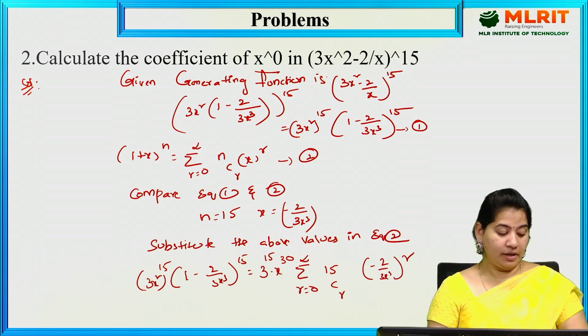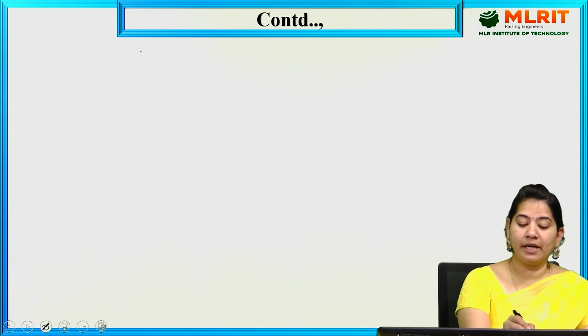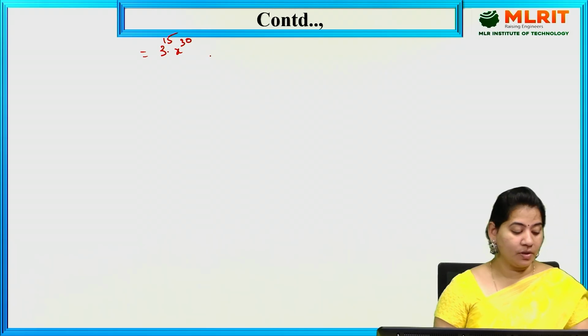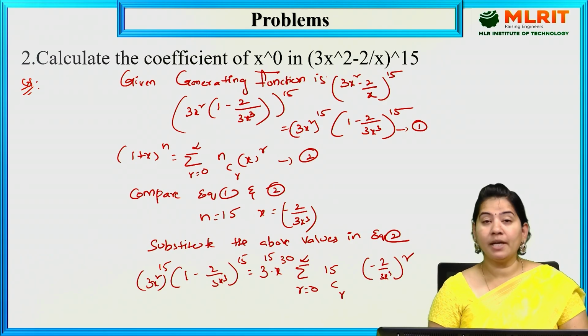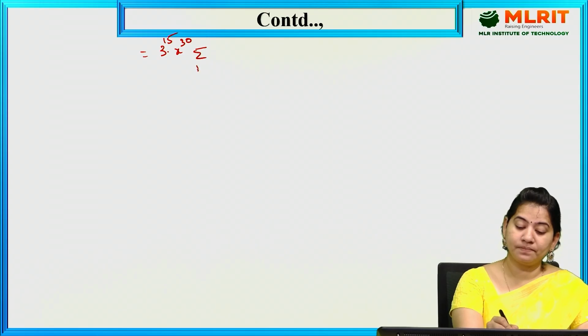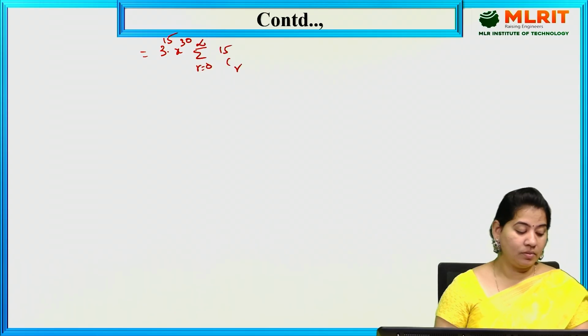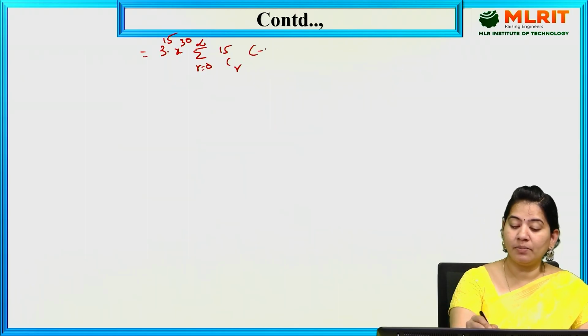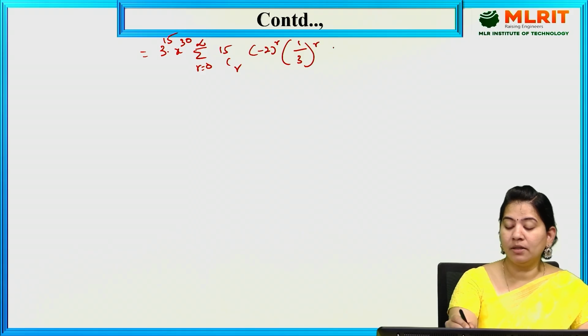Now if you simplify this again, what you will get is 3 power 15 into x power 30 into sigma r equal to 0 to infinity 15Cr, minus 2 by 3 x cube, which is nothing but minus 2 power r into 1 by 3 power r into x cube also, right?